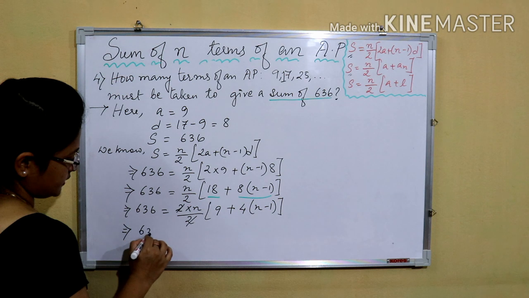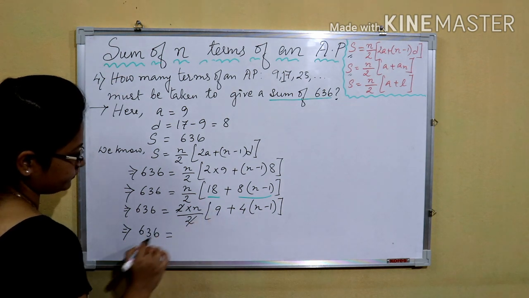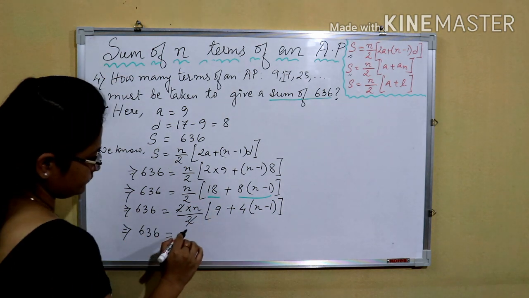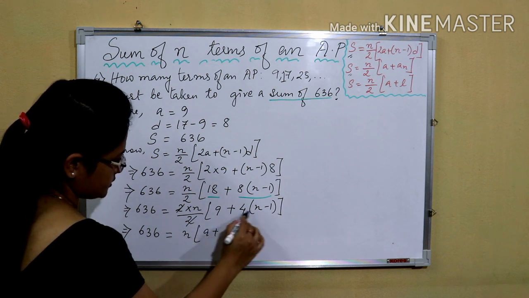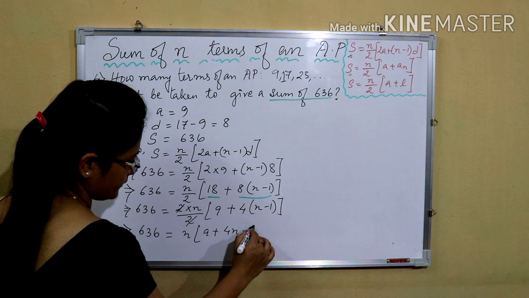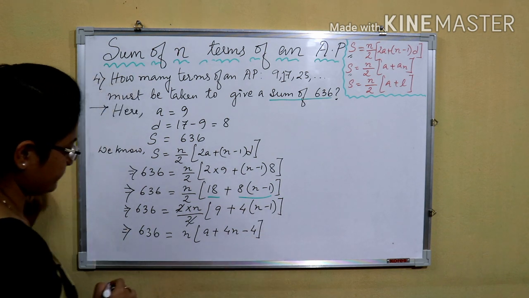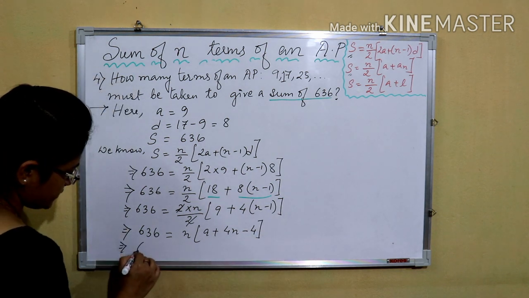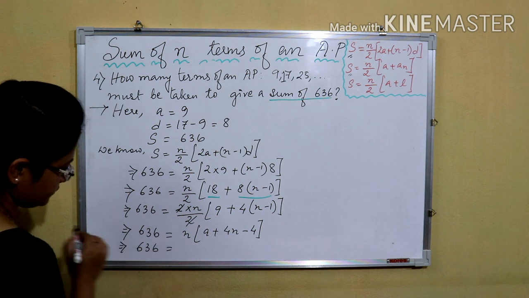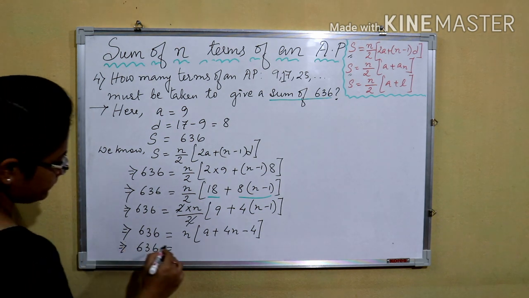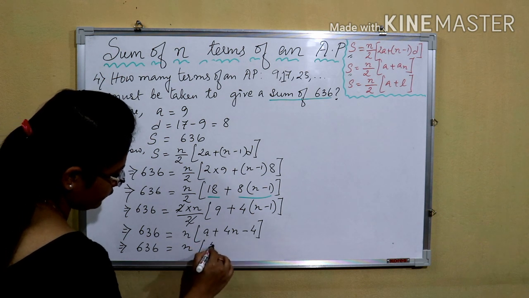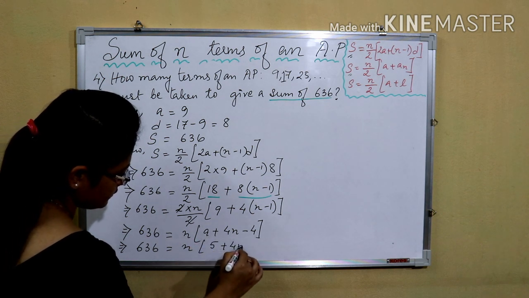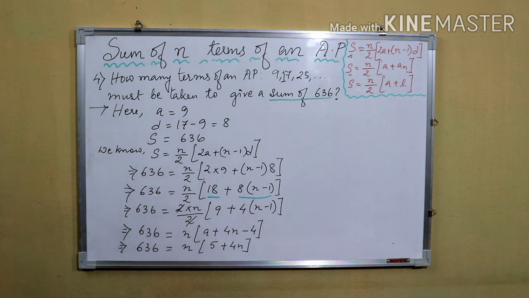So 636 is equal to n into 9 plus 4n minus 4. 636 is equal to n into 9 minus 4, 5 plus 4n.